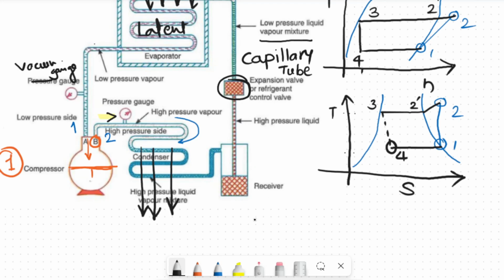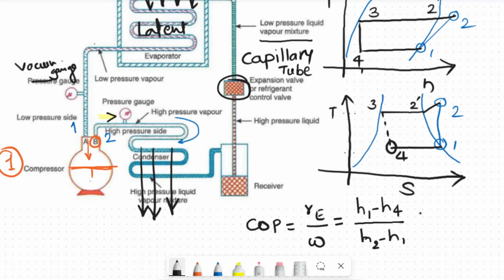So the coefficient of performance is the ratio of the refrigeration effect divided by work done. Now the refrigeration effect or cooling effect process is 4 to 1. So H1 minus H4 is the refrigeration effect, and the work input is H2 minus H1. But as you can see on the pH diagram, H3 is on the liquid line.